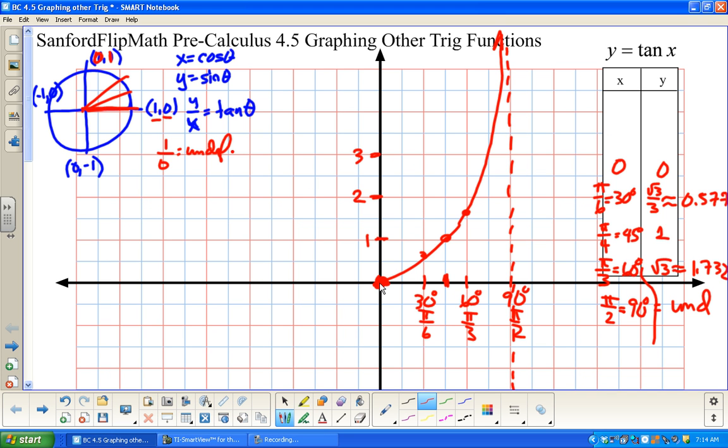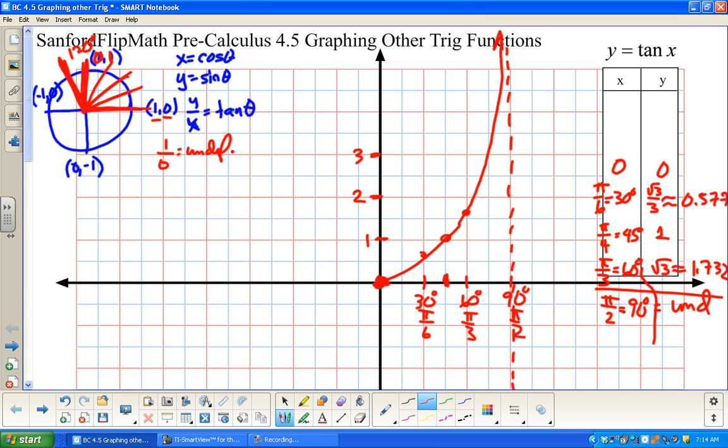Okay, so picture what's going on. I got 0 degrees, 30 degrees, 45, 60, 90, and remember tangent is like slope. Well, the slope of a vertical line is undefined. What happens if I go to here, like at 120 for instance? Well, at 120 the slope switched to negative.